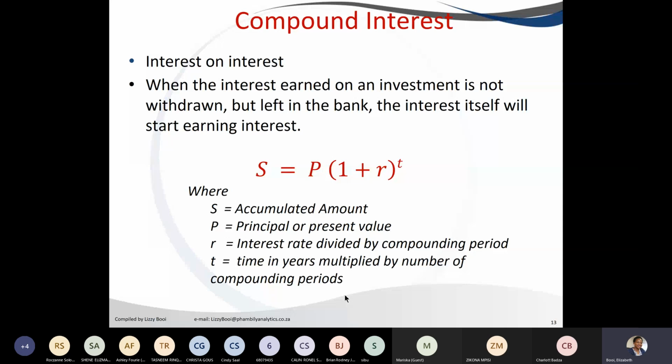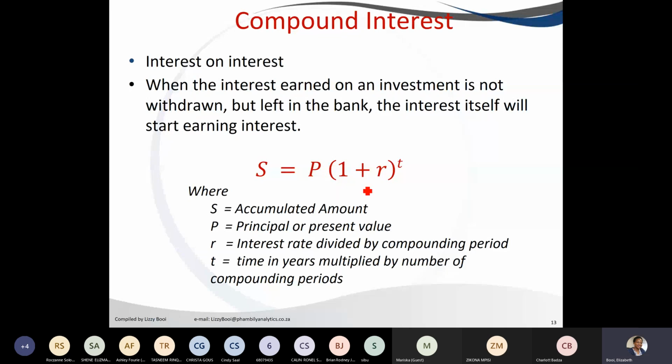With compound interest, you pay it compounded, whether quarterly, monthly, yearly, bi-weekly, and so forth. And the formula we use is the future value equals your present value times 1 plus your interest to the power of your term or your period.